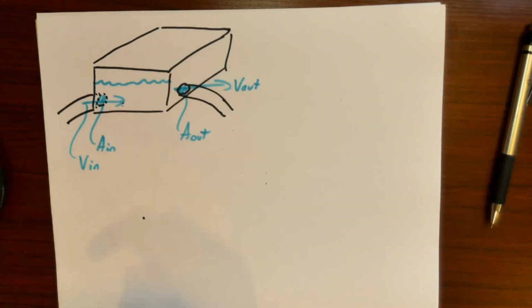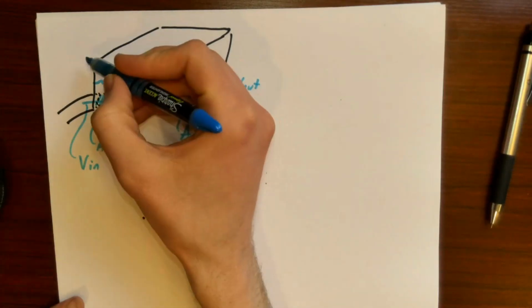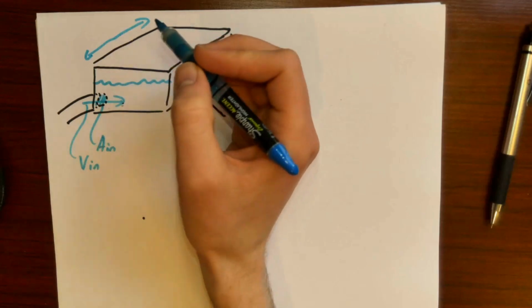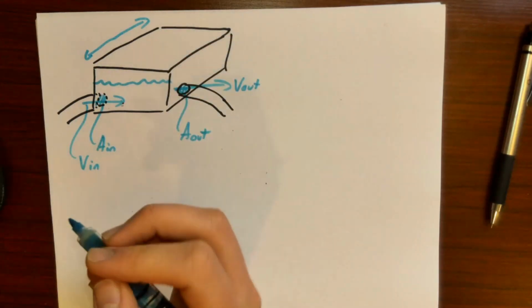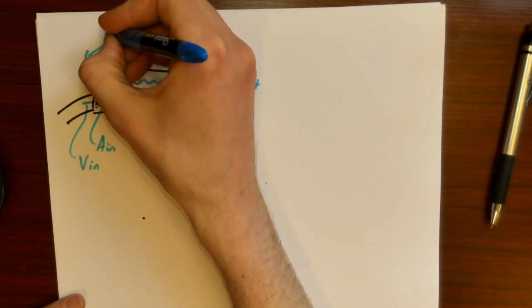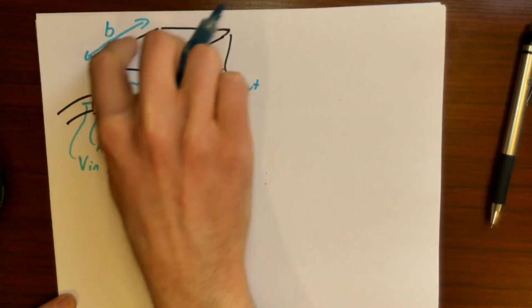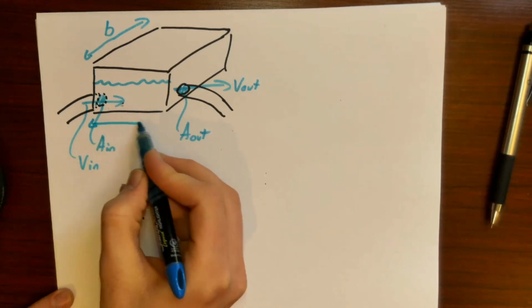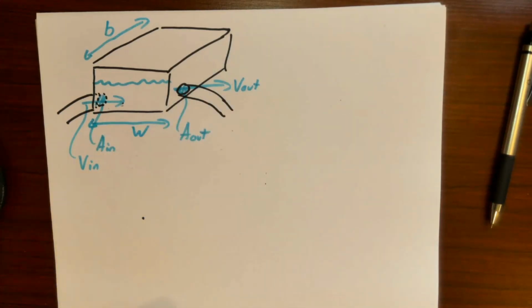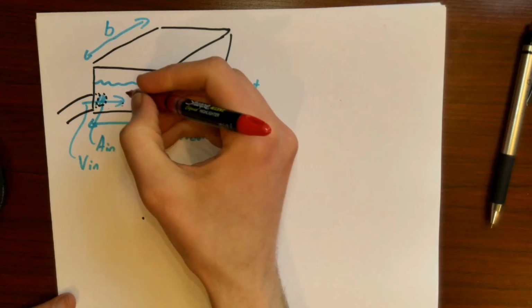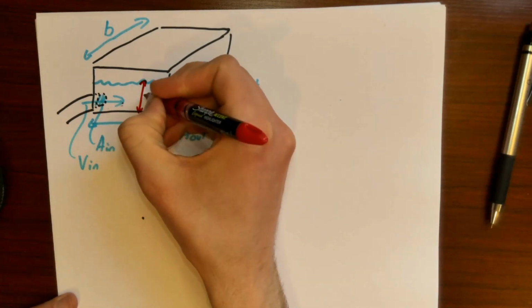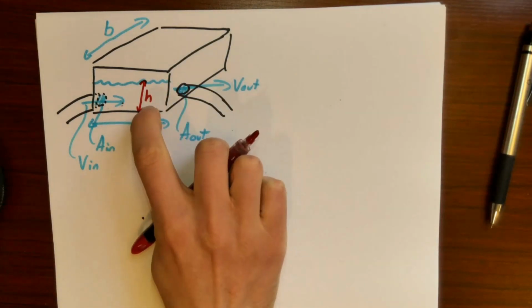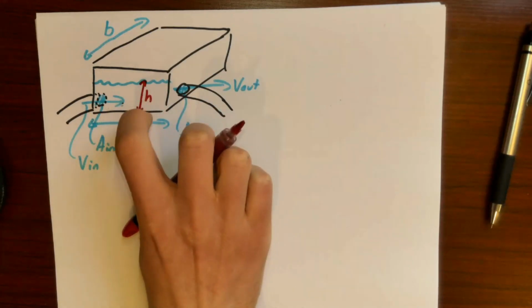Let's say we knew the dimensions of the chamber we were working with. There's a dimension B going into the page, and some width of the tank, W, right here. At any given point the fluid has some level H in the tank.